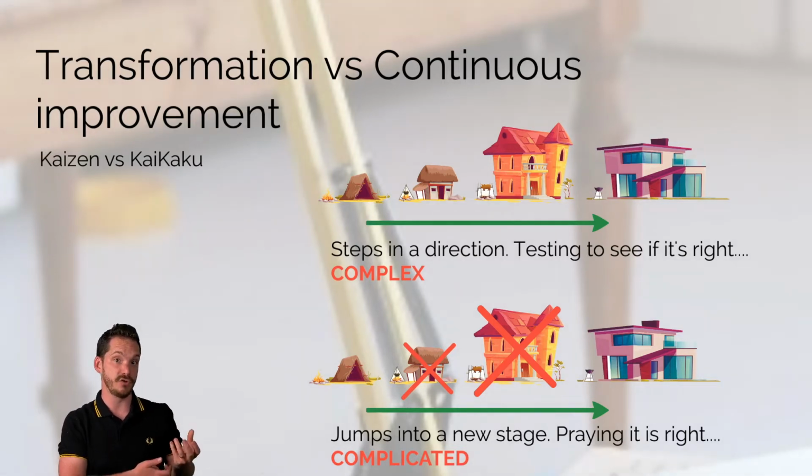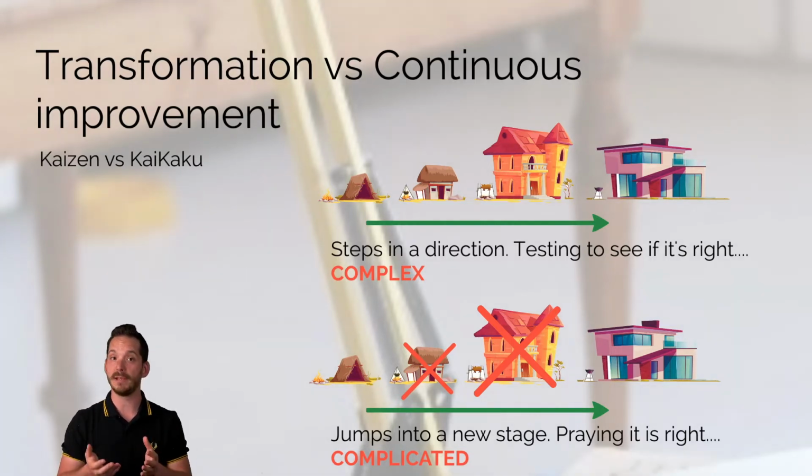Is our complicated industry turning complex? And therefore we need to iterate. If it's complicated and your employees and customers are not going to change, then one big bang transformation makes sense. For the vast majority of you watching this course, you are in a complex industry, or at least moving into one.